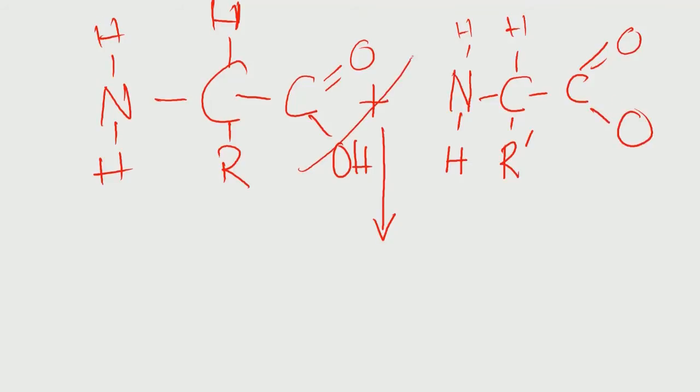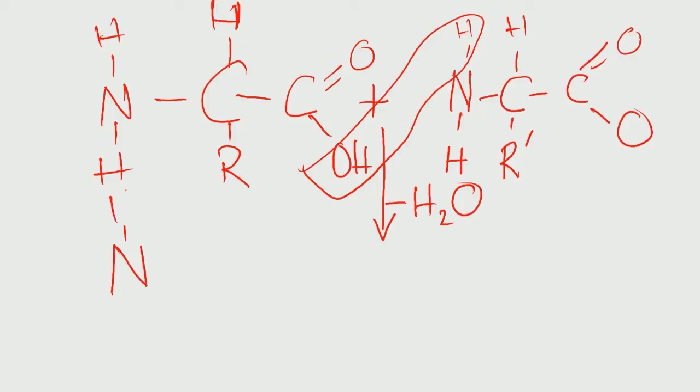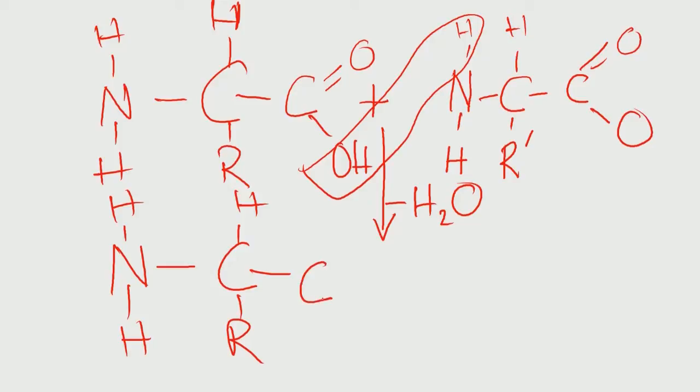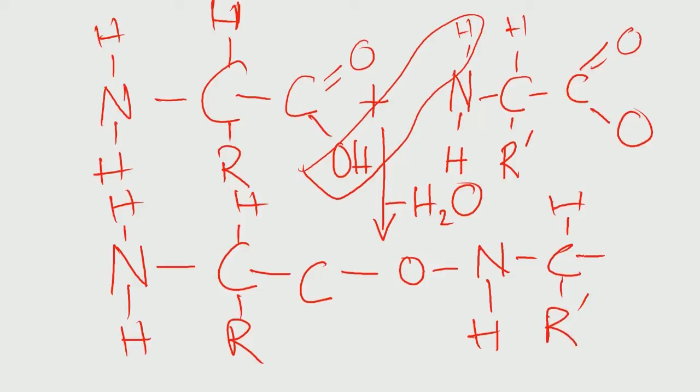So, when these two amino acids react, this will lead to one water molecule, and then you can start writing it from left to right. This is the N terminal, this is C, this is H, this is R, this is carbon, and you have this oxygen, this is nitrogen, and this is H, this is carbon, this is hydrogen, this is R prime.